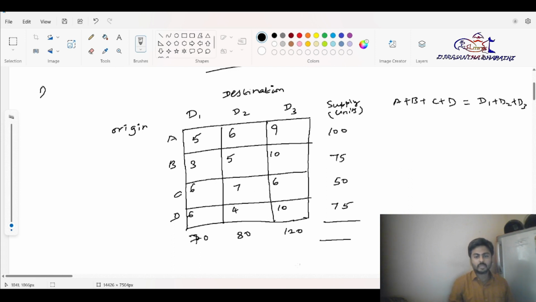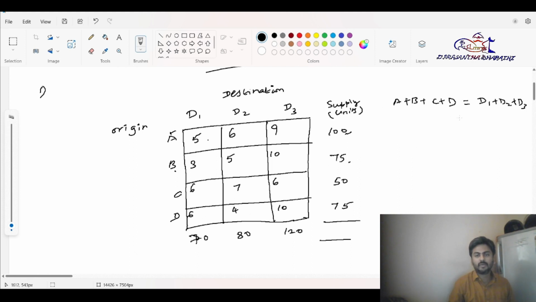I am just looking at the supply and demand in rows and columns.